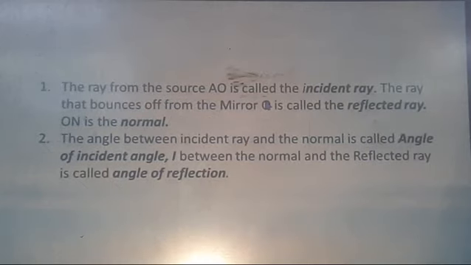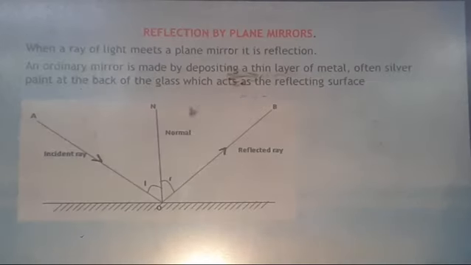As we see in this diagram, the normal ray, incident ray, and reflected ray all lie at the same point. These are our two laws of reflection at the plane mirror.